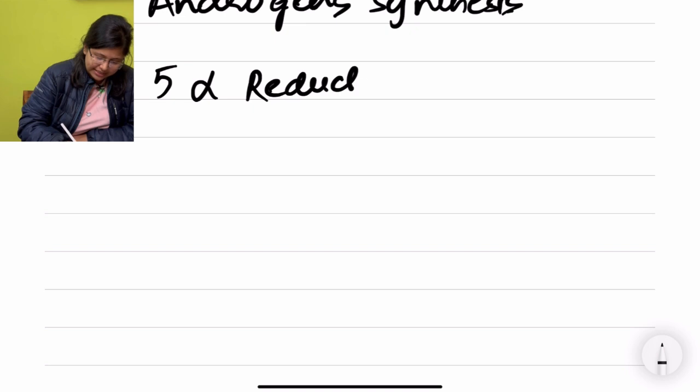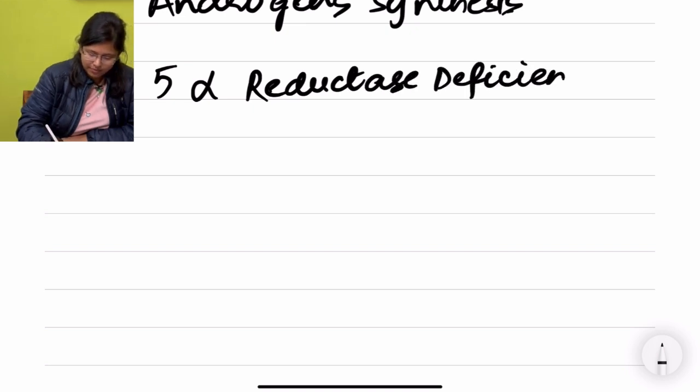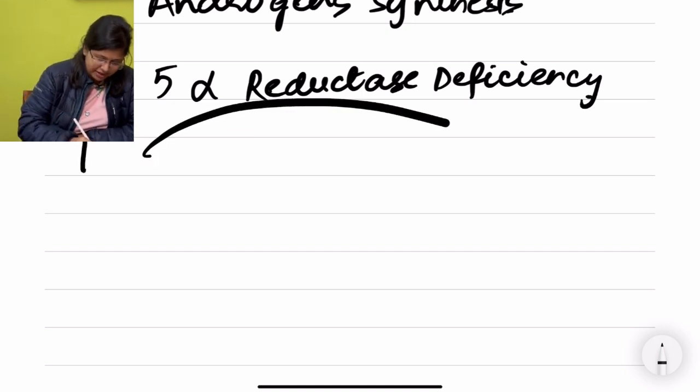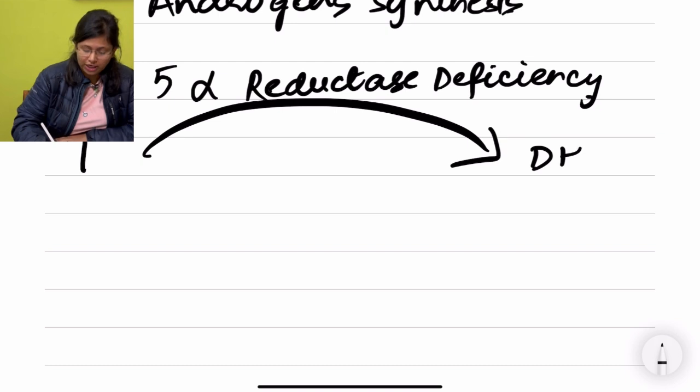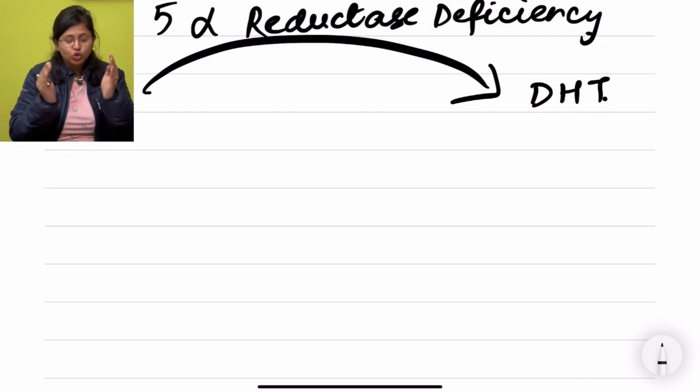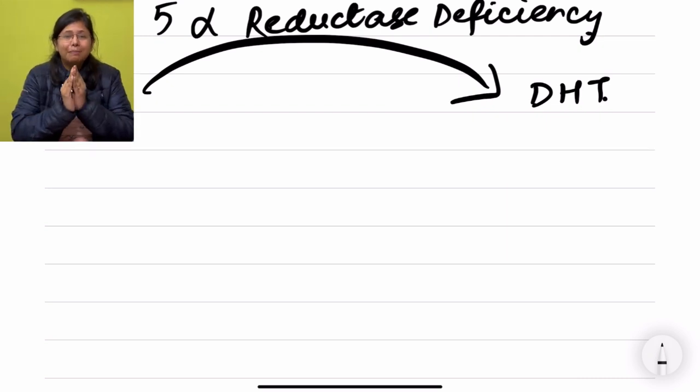The most common thing that they might ask you is 5-alpha reductase deficiency. We know 5-alpha reductase converts testosterone into dihydrotestosterone. So testosterone is present, but dihydrotestosterone is absent. Usually these children will present with ambiguous genitalia and are assigned female at birth, right?